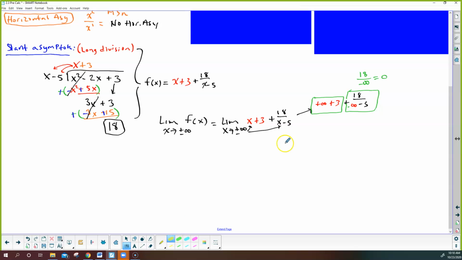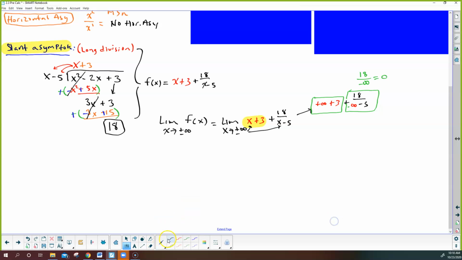I'm not sure if you guys fully grasp that. On a graph, you'll kind of see what's going on. But it's the x plus 3 that controls the behavior of the slant asymptote. So all of this work basically told me I get to ignore the remainder.